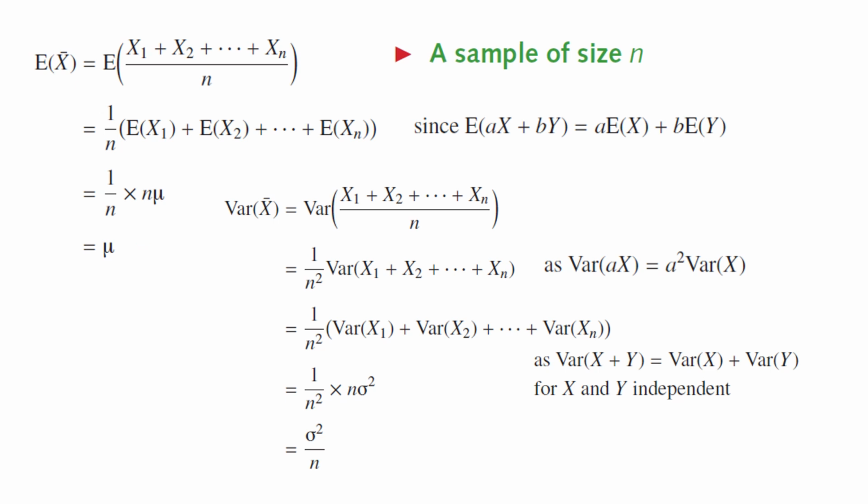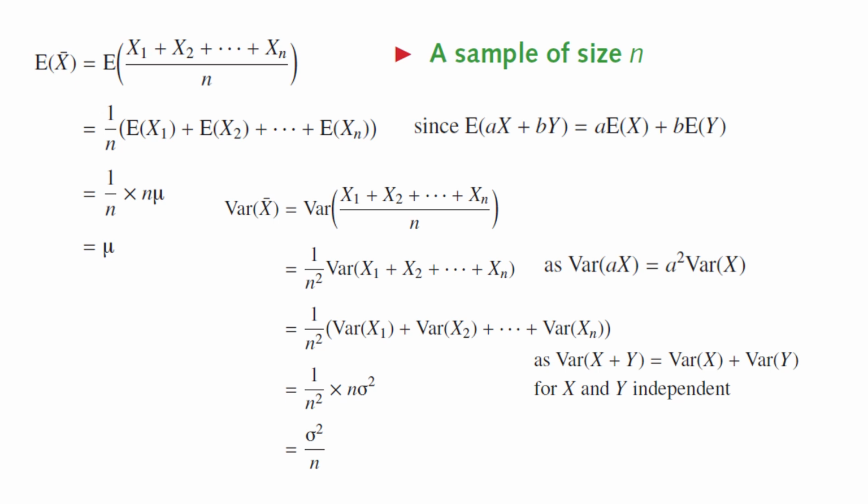What about variance? Of course, the variance of our sample mean x bar is the variance of x1 plus x2, n instances of members of our original normal random variable x, divided by n. Okay, we're using that property of variance. We factor that 1 on n out as a common factor, and it becomes 1 on n squared. The sum of those n variances becomes n times the variance of x.